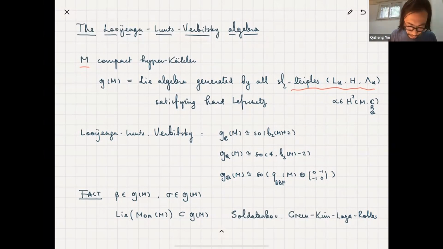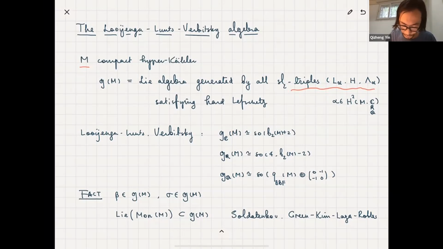It is only when you have a hyperkähler variety that you can precisely describe what this Lie algebra is, and this is a result of Looijenga-Lunts and Verbitsky independently. They say that it's not some random algebra, it's just the special orthogonal Lie algebra.